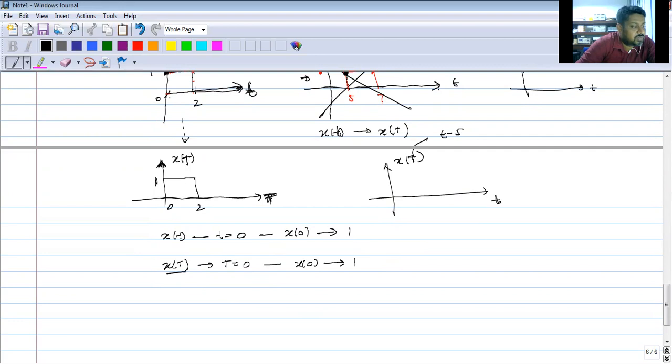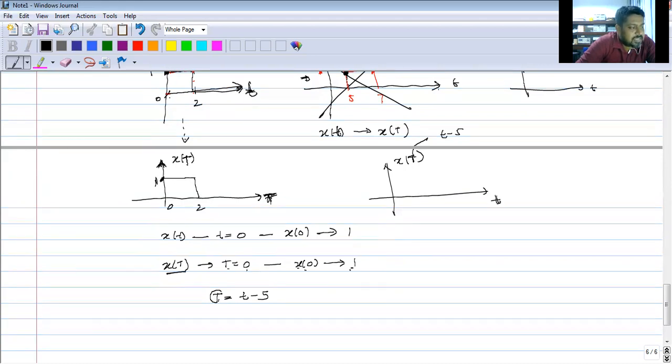So you know that T is equal to t minus 5, and you know that at T equal to 0, x(0) is also 1. This is the amplitude point, that is 1. So you know that at simple t equal to 0, x(0) is equal to 1.